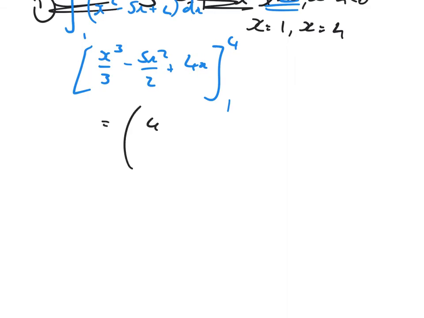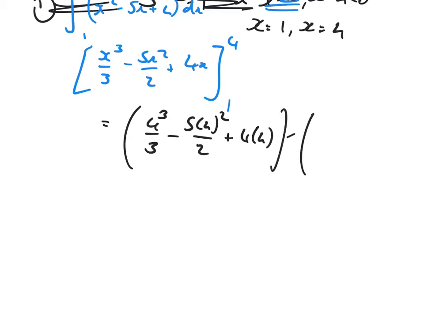Okay, so that's going to be 4 cubed over 3 minus 5 lots of 4 squared over 2 plus 4 lots of 4, close the bracket, minus open up, 1 cubed over 3 minus 5 lots of 1 squared over 2 plus 4 lots of 1.